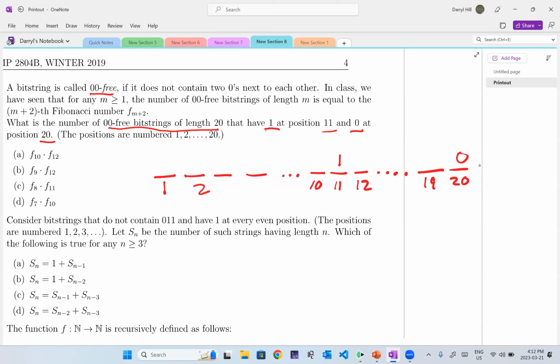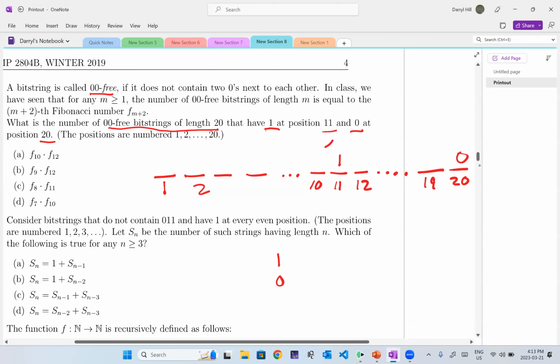The trick is as follows. I have a 1 here. If you recall, when we counted our number of 00-free bit strings, we broke them down into two sets: one that started with 1 and one that started with 0. If it starts with 1, then I can put anything in the next location. I'm not restricted at all because it's 00-free, but it doesn't say anything about the ones.